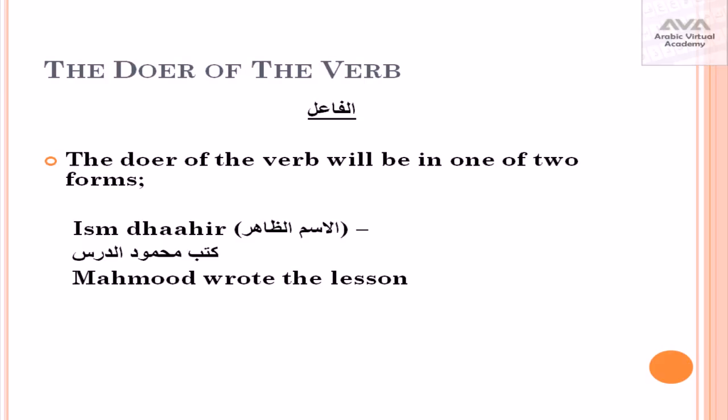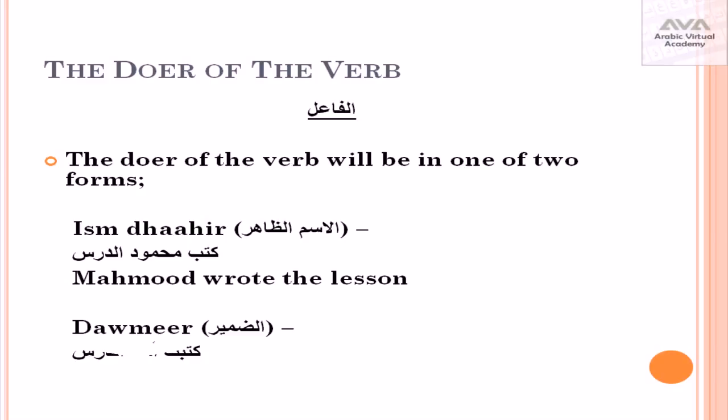If we said Kataba, we're going to ask who wrote, and the doer of the verb here is Mahmud. Or it's a possibility as well that the fa'il can be a dhamir. All of the dhama'ir, ana, nahnu, anta, anti, huwa, hiya, all of these pronouns that we were talking about, can fall into being the doer of the verb.